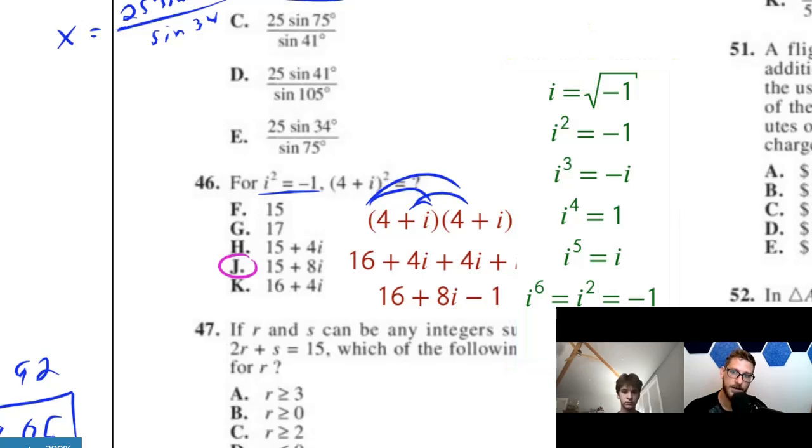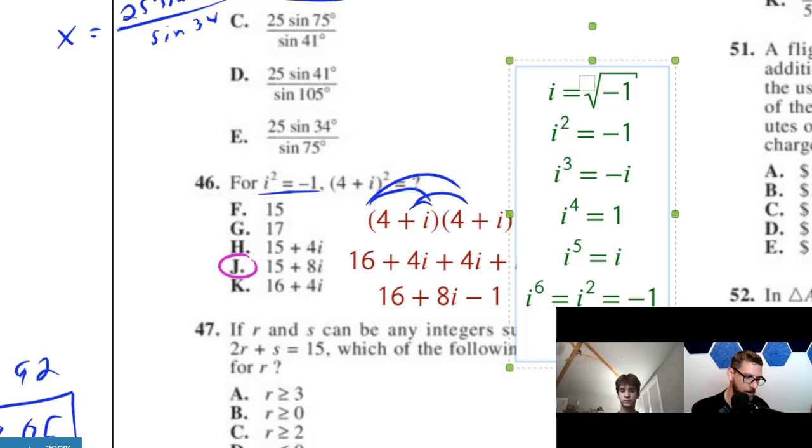And then i to the eighth is the same as i to the fourth, which is 1. Okay, so we have this pattern.